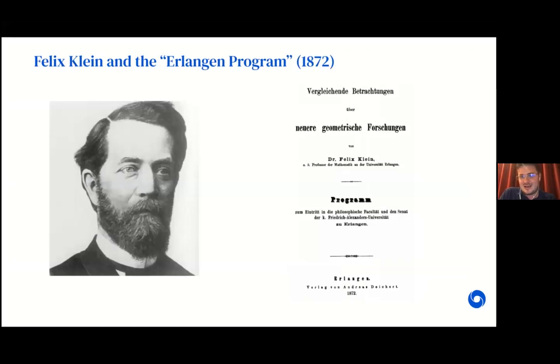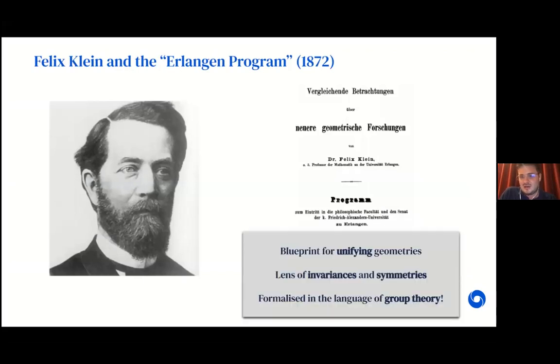He proposed what is now known as the Erlangen program, where he showed that you could look at the geometries in a very unified manner if you studied them through the lens of invariances and symmetries. So what are the transformations which, under this geometry, leave an object invariant or unchanged? And he further demonstrated how we could use the language of group theory to formalize all of this.